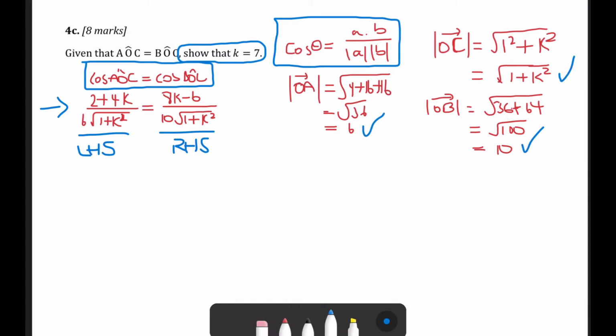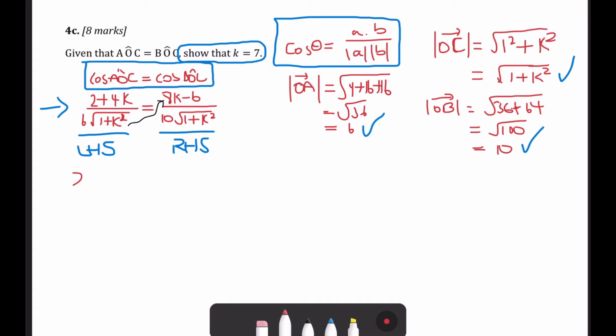Then I'm just going to rearrange. So someone was very close to doing this, but they just forgot that if I bring the denominator here up here, then it's going to multiply by this. So have a look here.